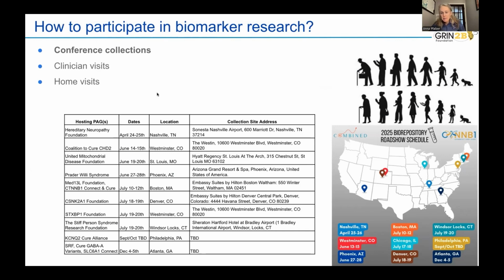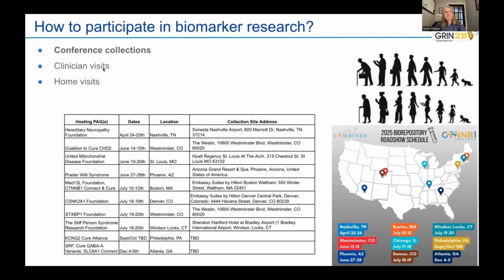So at Combined Brain, we have tried to make it as easy as possible to participate in our research opportunities. And the way that people can donate various blood samples or other biological samples doesn't always have to be blood. We've primarily set it up so that you can donate to the biorepository various biological samples in 3 different ways. One of the first ones is through conference collections.